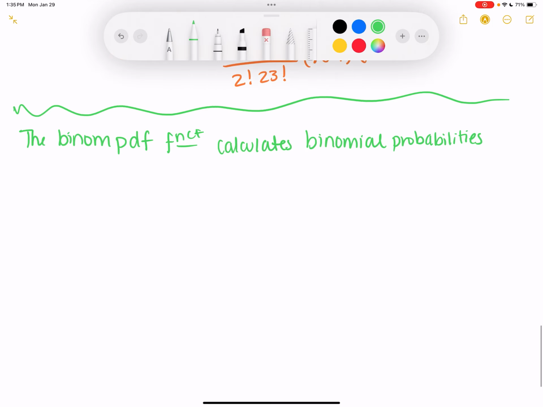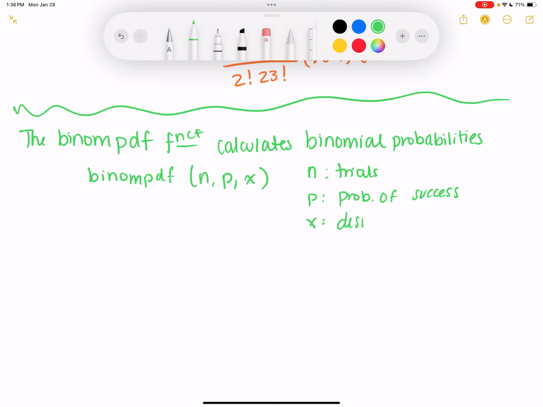Binom PDF of NPX, where N is the number of trials, P is the probability of success, and X is the desired number of successes.